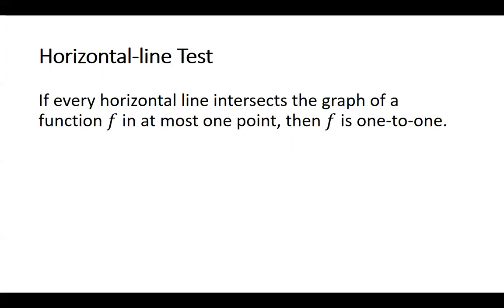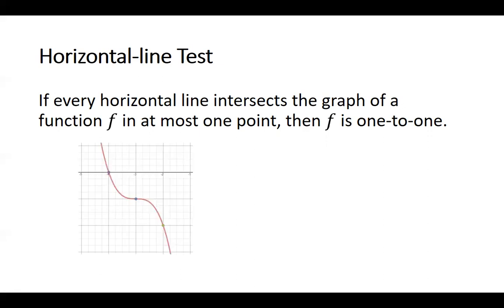Then we can add the horizontal line test, which says if every horizontal line intersects the graph of a function f at most one point, then f is one-to-one. And the reason we can say it's just a horizontal line test is because we are already stating that it's a function f, which means it already passes the vertical line test.